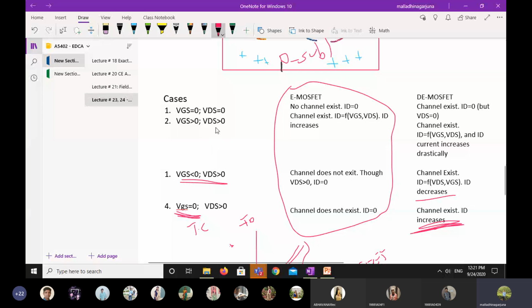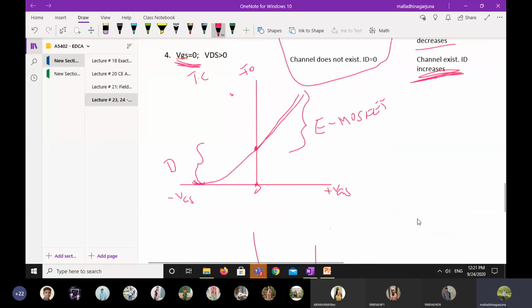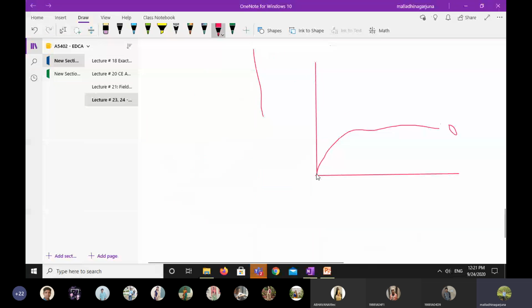Now let us come to VGS equal to 0. This is 0 volts, and you are getting some current. If VGS is greater than 0, the current increases drastically. If you apply a positive voltage, the current will be more.